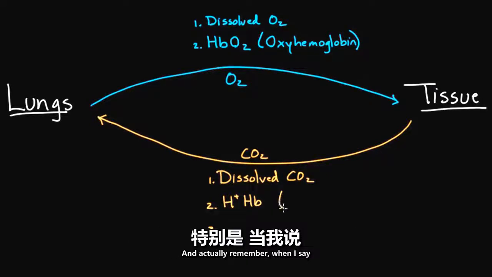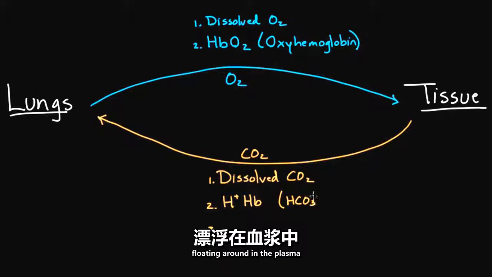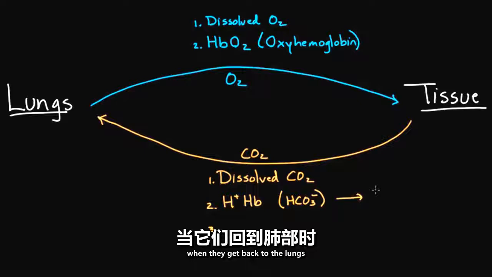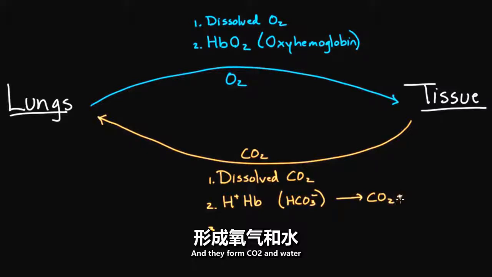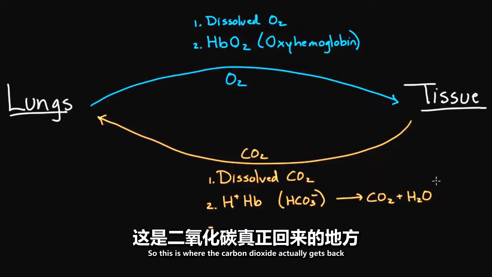And remember, when I say there's a proton on the hemoglobin, there's got to be some bicarb floating around in the plasma. The reason that works is because when they get back to the lungs, the proton and that bicarb meet up again and form CO2 and water. This happens because there's an enzyme called carbonic anhydrase inside of the red blood cells. So this is where the carbon dioxide actually gets back.